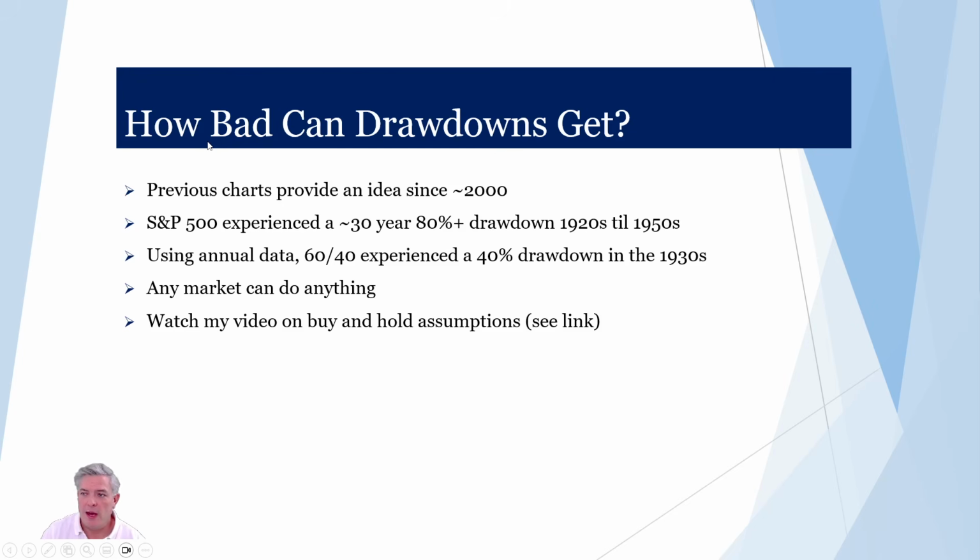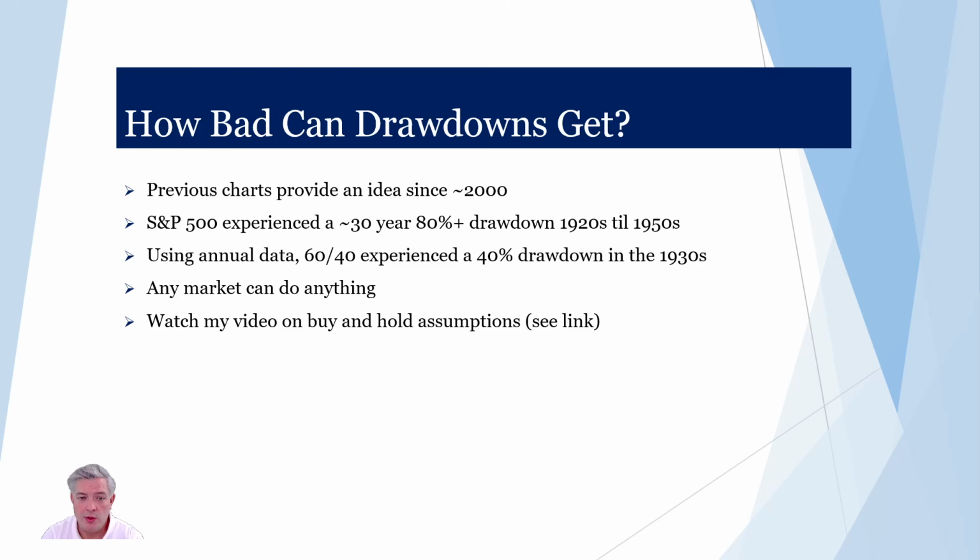So let's talk a little bit about how bad drawdowns can get. The previous charts give you an idea of how they can get since the year 2000, but that's really not the best representation of potentially the long term. For example, the S&P 500 stock index had a 30-year 80% drawdown that ran from the late 1920s until the mid to late 1950s. So that's extreme.